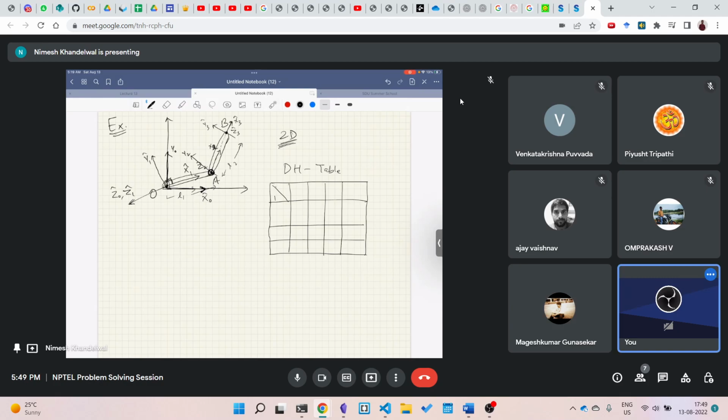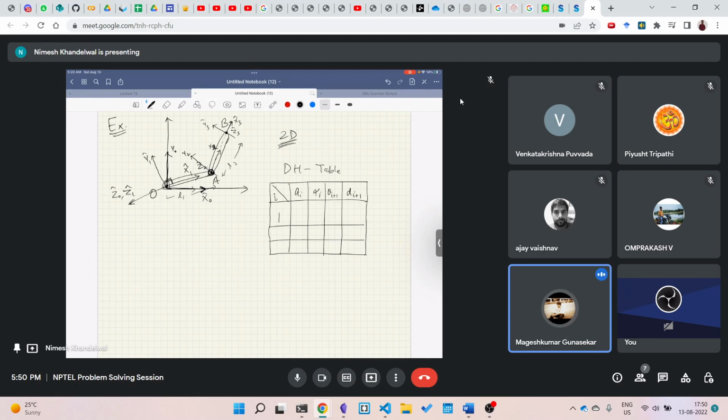Here we will write i, and what were our parameters again? a_i, alpha_i, theta_i plus 1 and d_i plus 1. Let us say I'm writing for link 1 first.